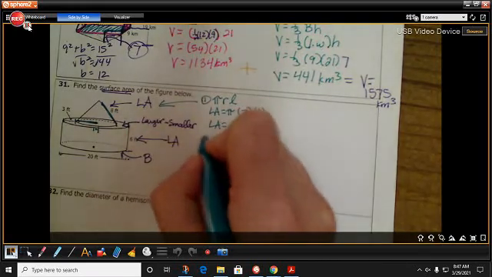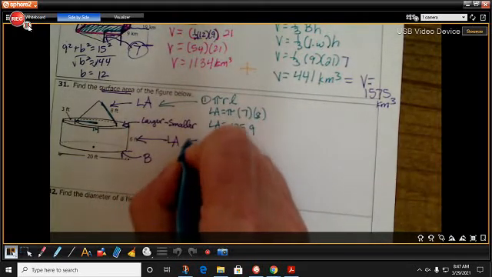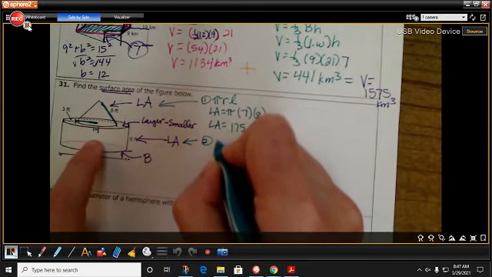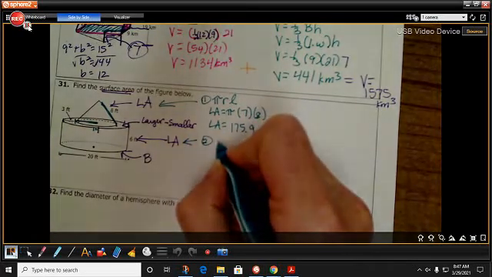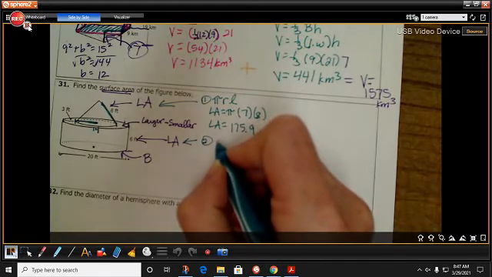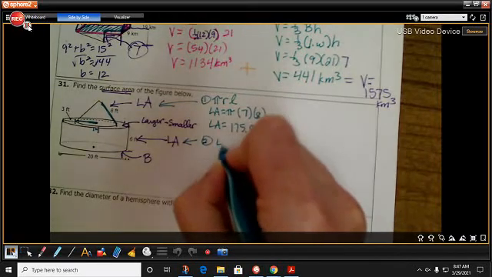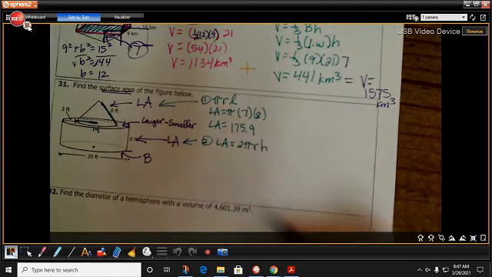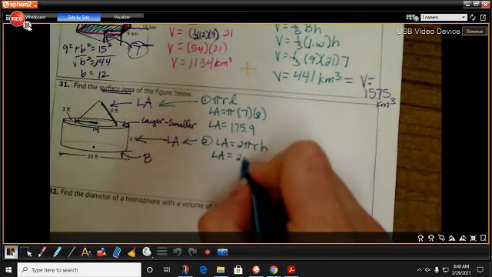Now the second thing I'm going to find is this lateral area of my cylinder. And so the lateral area of a cylinder is going to be using the formula 2 pi r times the height. And so my lateral area will be 2 times pi.